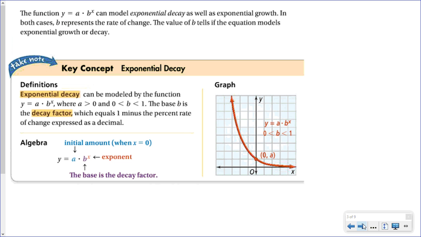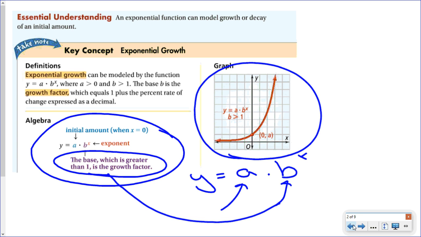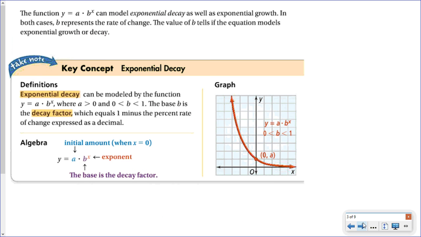All right. The other thing you should put in your notes by this is exponential decay. So just a real quick recap. I'm going to flip back one page. This was exponential growth because the number was bigger than 1. Your B value is bigger than 1. And then this one here is exponential decay.